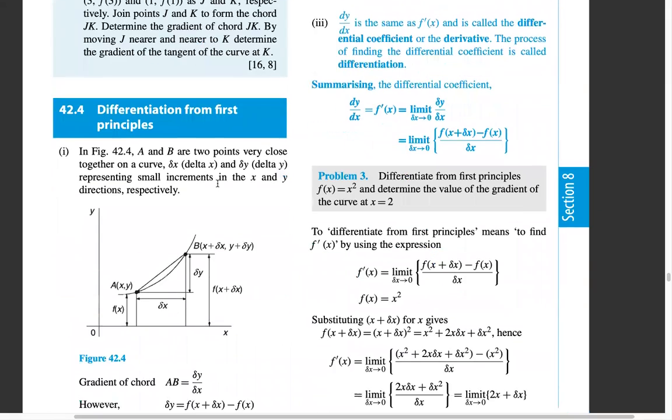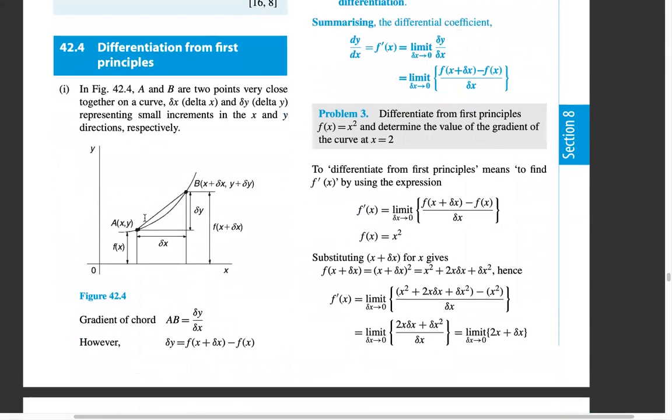So we have differentiation from first principles here, where we have a curve and we have 2 points A and B, and we want to find the gradient of the chord AB, and that's what we call delta y over delta x. Why this strange notation, delta? What's this delta symbol here? That's the 4th letter in the Greek alphabet, commonly used to mean a change in something, right?